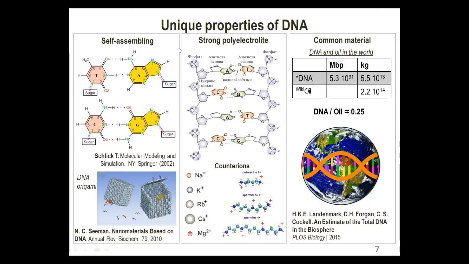If we take this in kilograms, this is something about 5 multiplied by 10 to the power of 13. And this amount is comparable to the amount of oil on the Earth. So the amount of DNA is huge. And that's why this material can be used in a practical sense.